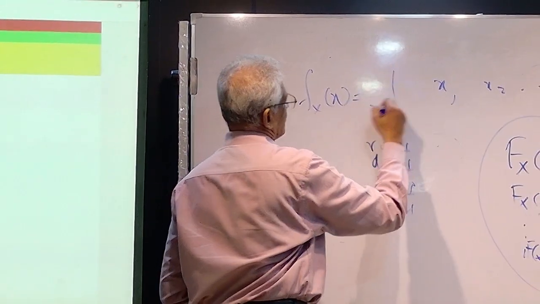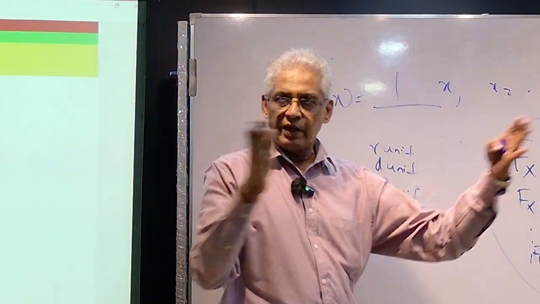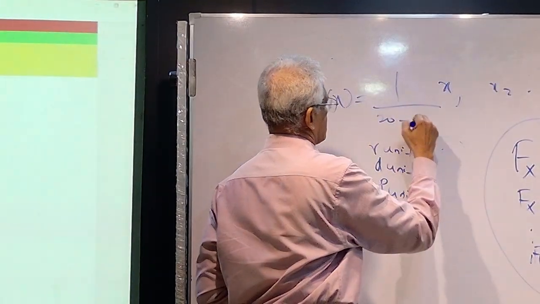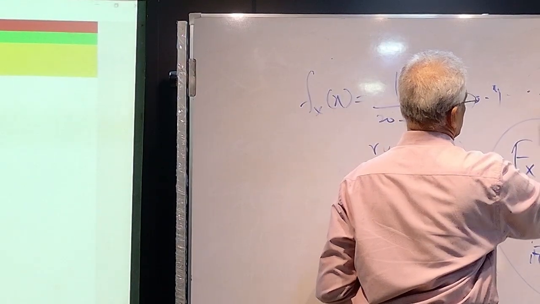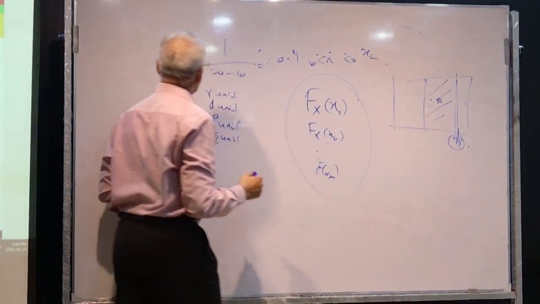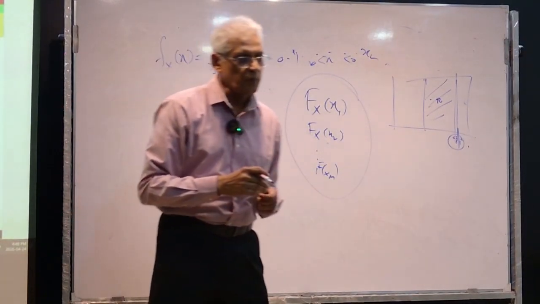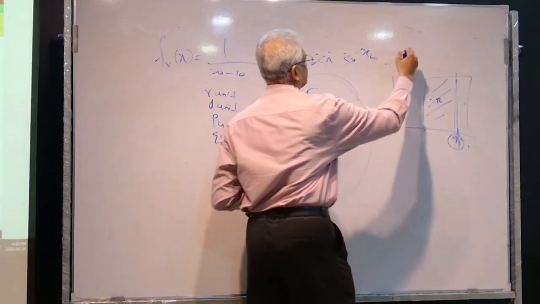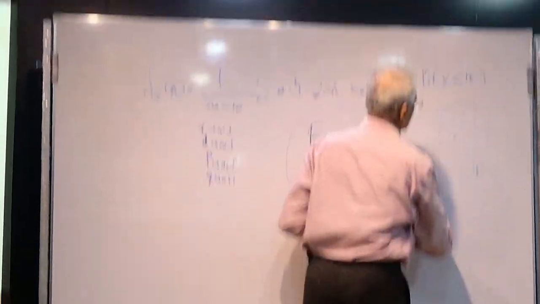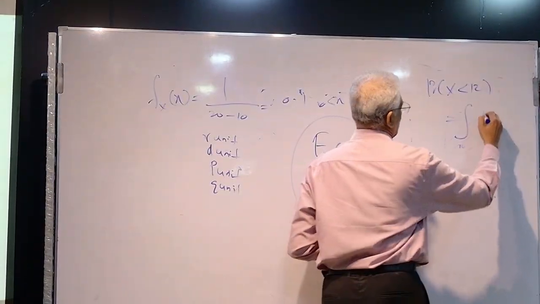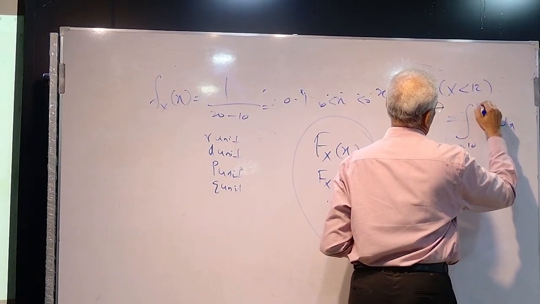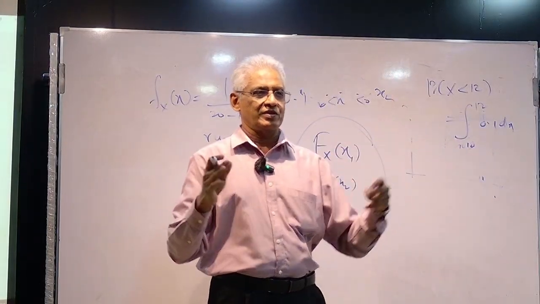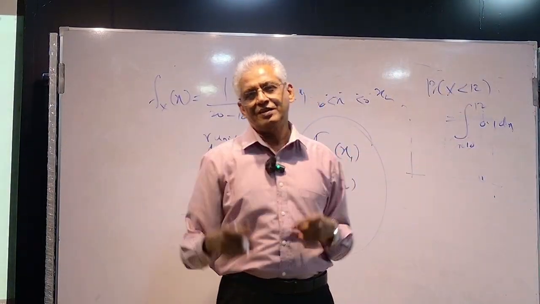In this case, the density function will be 1 over b minus a, that is 20 minus 10, that is 0.1, when x is between 10 and 20. So if you want to find the probability that x is less than 12, you will have to integrate 0.1 dx from 10 to 12. You have to integrate the density function in that region and then get it, right?